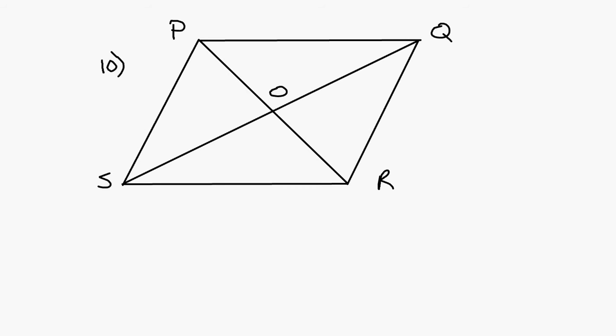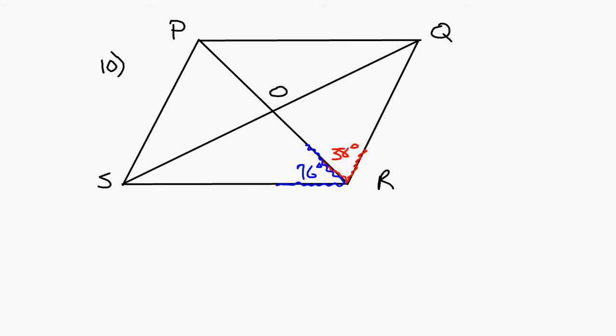So QRP is right here, 38 degrees. PRS, 76 degrees. Looks like the last question so far. Find the measure of PQR.